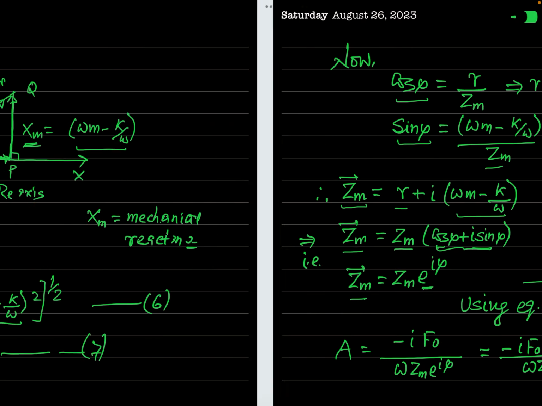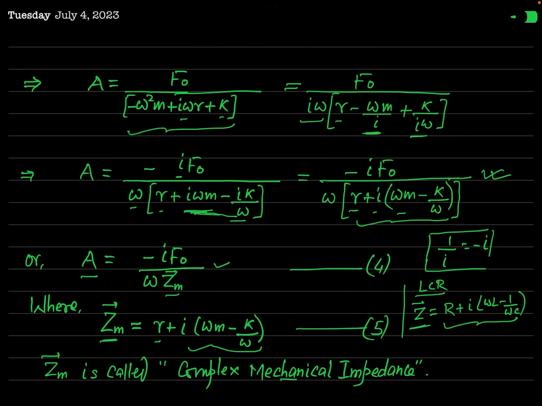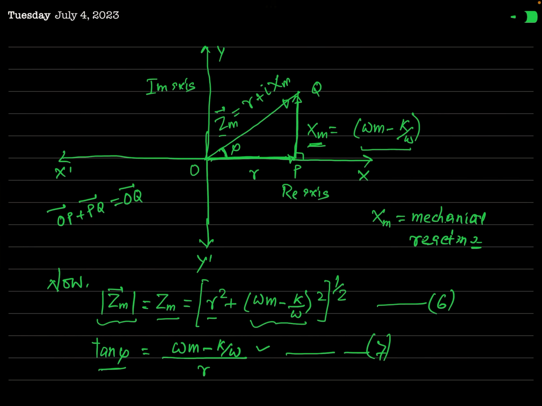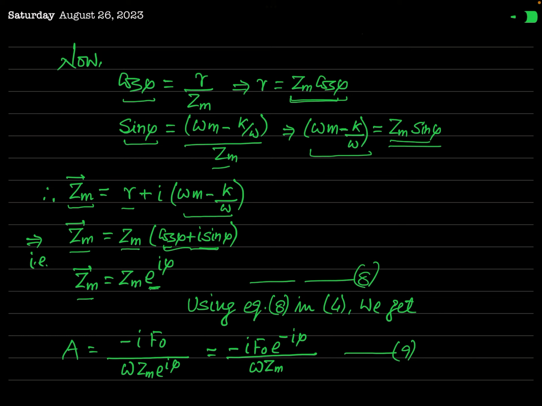So in the equation where we have defined this complex amplitude A, in place of this mechanical impedance Zm, now you can write modulus of Zm times e to the power i phi. So you can see A is equal to minus i F0 over omega mod Zm times e to the power i phi, and that will be simply equal to minus i F0 e to the power minus i phi over omega mod Zm.